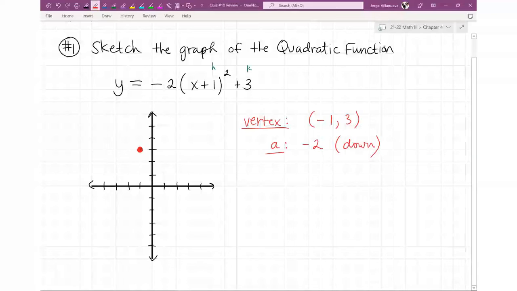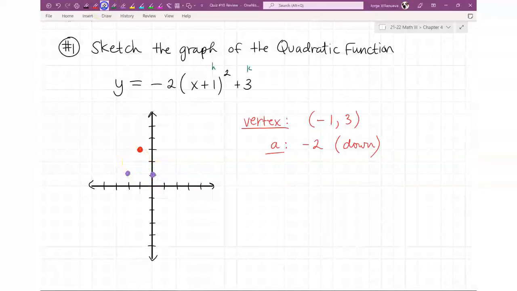Now you're going to do it 2 times, one to the left, one to the right. So if I go down twice and over 1, I end up here. There's 1 point right there, because notice 1, 2, and then 1 over, right? So down twice, once over. And then I'm going to do it again, down twice, once over to that side. Okay, so it's going to be another point right there.